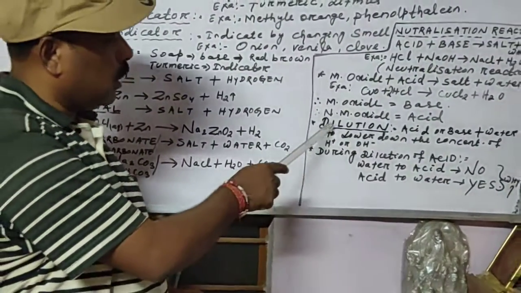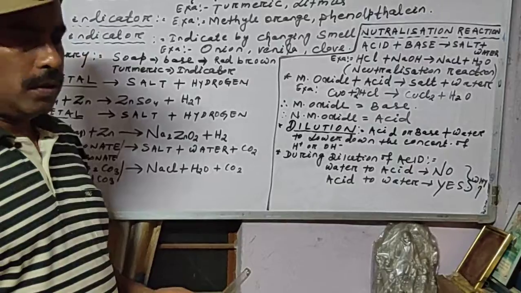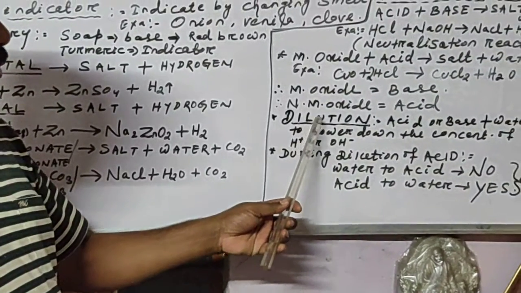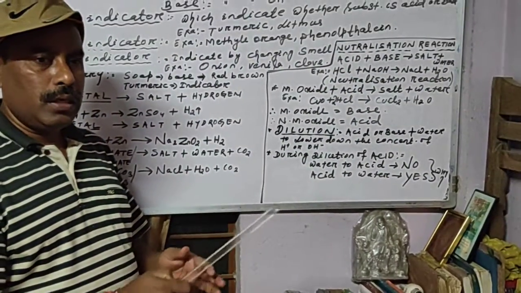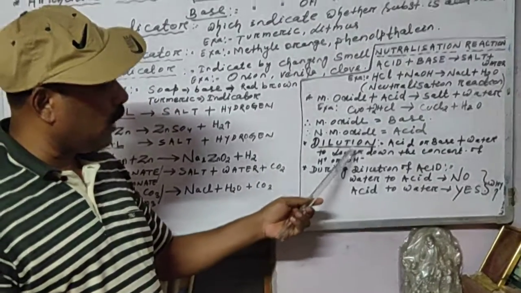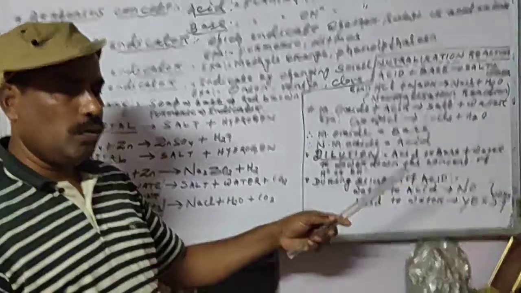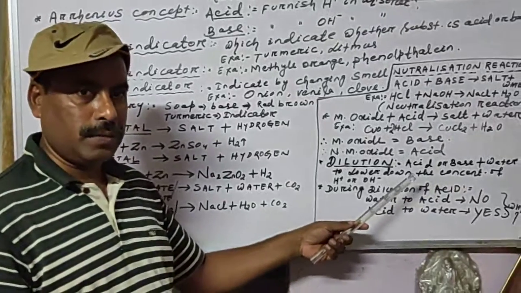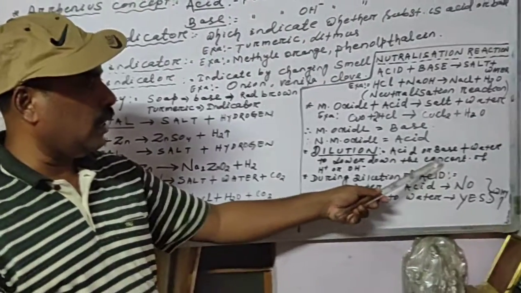Now finally we are coming to the term dilution. What is called dilution? Generally, to dilute acid or base, we add water to the acid or base. This process is generally known as dilution.